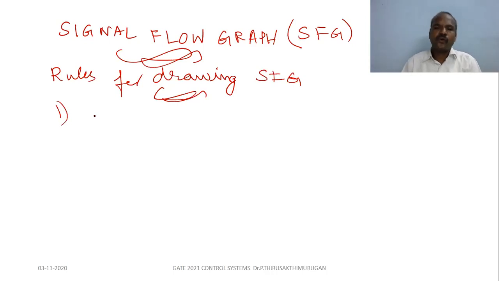While drawing a signal flow graph from the given block diagram, the adjacent summing points or takeoff points are represented by a node.